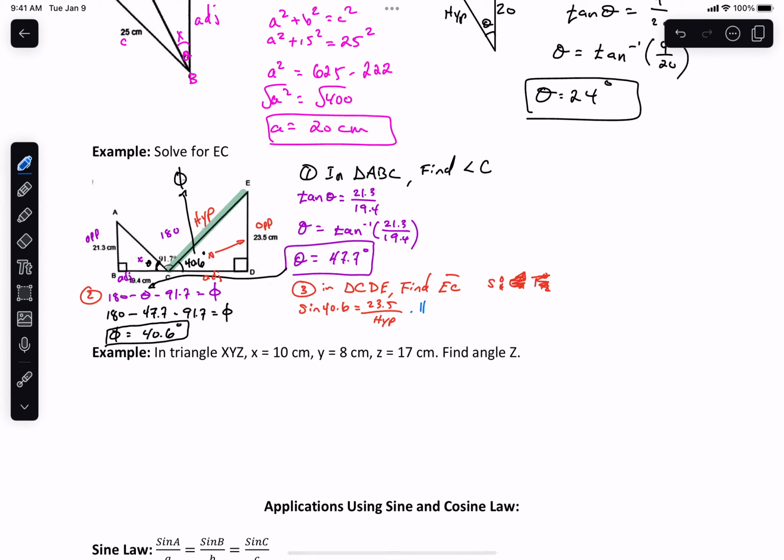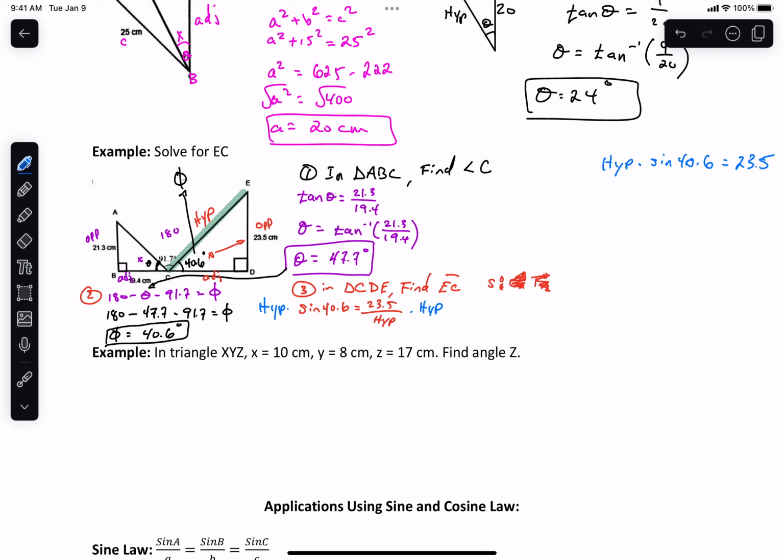So you're going to have to multiply by hypotenuse on both sides, and here's where you end up. Everyone agree? It's not a huge problem, just an annoyance more than anything.